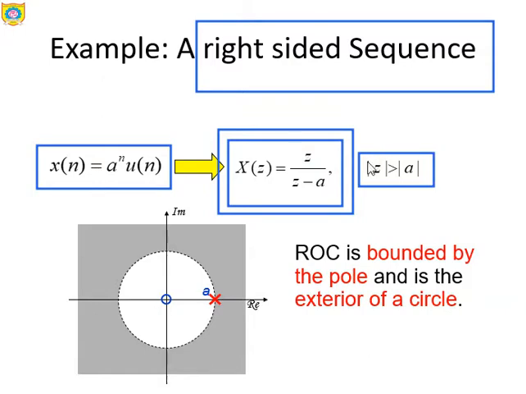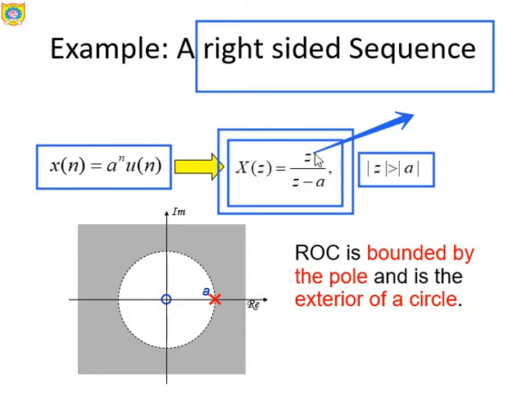If I equate the numerator to 0, that is z equal to 0, it will give me X of z equal to 0, and that is nothing but the zero for the right sided sequence or the given z transform.